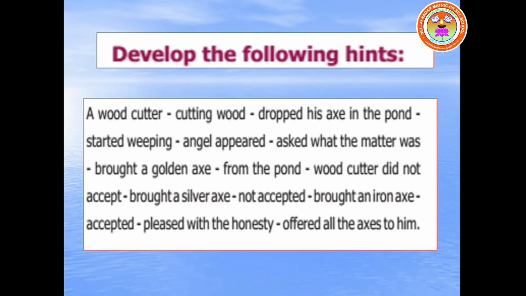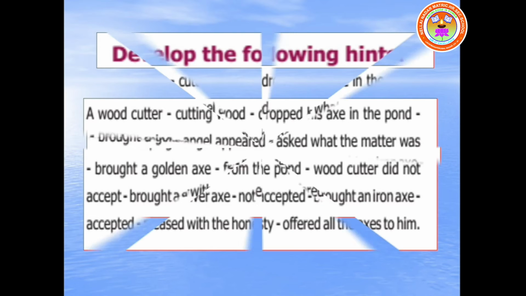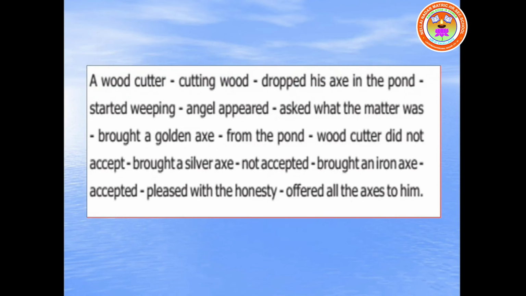Brought a golden axe from the pond. Woodcutter did not accept. Brought a silver axe. Not accepted. Brought an iron axe. Accepted. Pleased with the honesty. Offered all the axes to him.